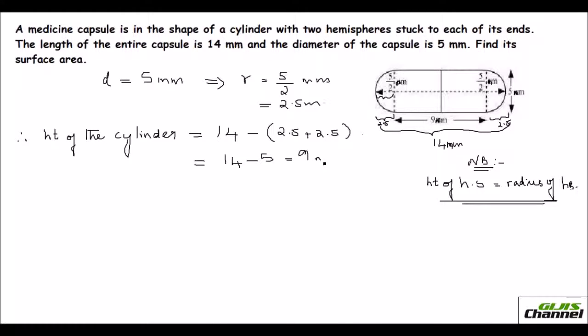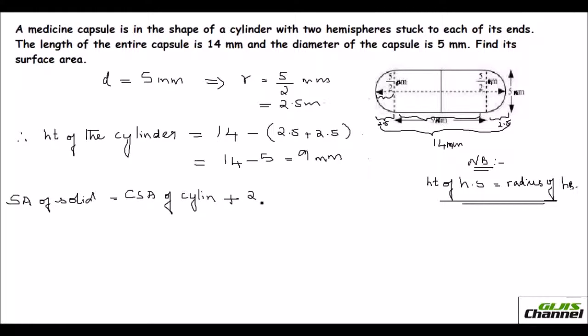9 millimeters. Now, how do you find the surface area? Surface area of solid is equal to, this is easy, the CSA of the cylinder, the curved surface area of the cylinder. That will be the middle portion of cylinder, plus you have two curved surface areas of the hemisphere on both ends.